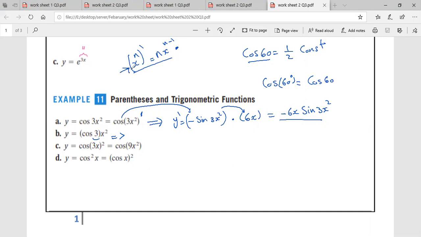This is when we find the derivative of a term, not a bracket. Understand? So it will be 2 multiply this constant, which is 3, multiply x.